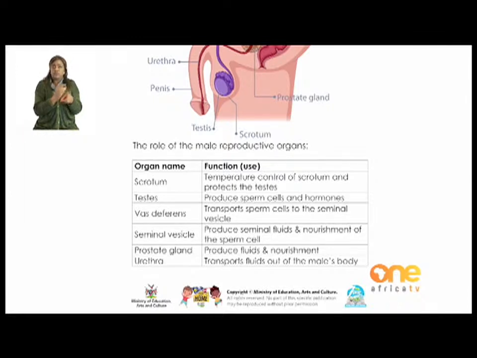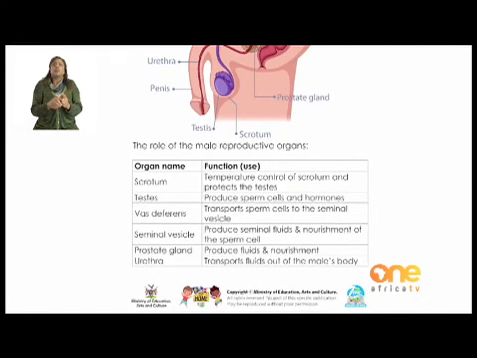The scrotum is responsible for temperature control and protects the testes. The testes are responsible to produce sperm cells and hormones. And in order for them to do this, they require an optimal temperature that is provided by the scrotum.